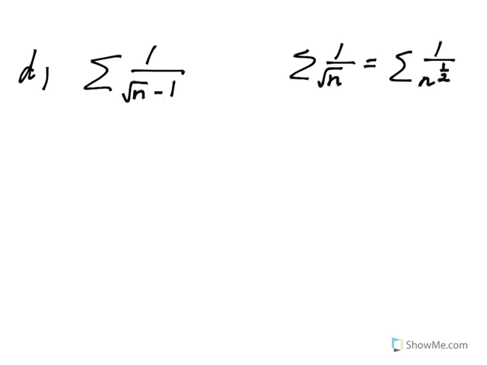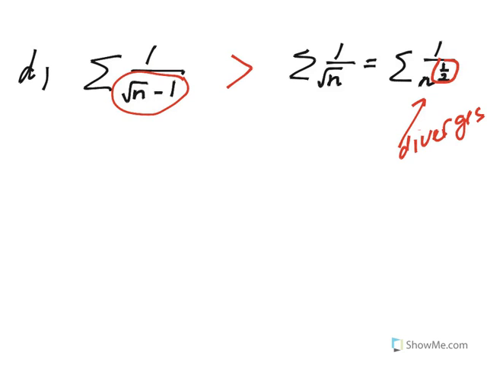Now, in a p-series, when your exponent is less than 1, then it diverges. Now let's compare these two. 1 over square root of n, but here on the bottom you're not adding 1, you're subtracting 1. So that means the whole fraction is going to be greater than 1 over square root of n.